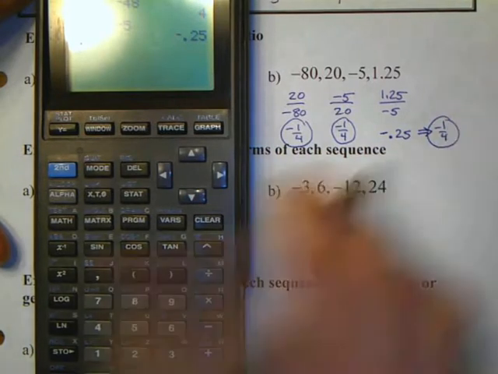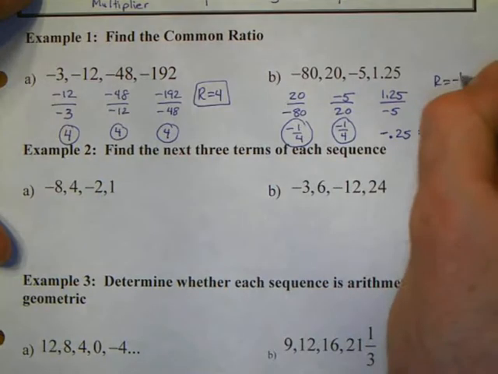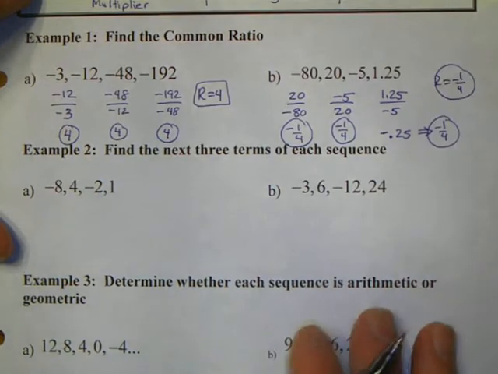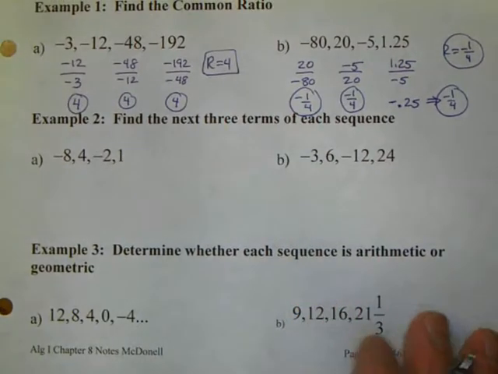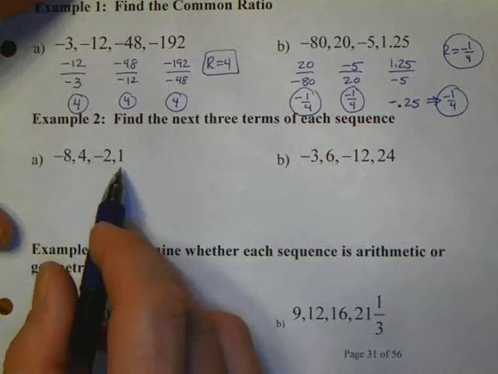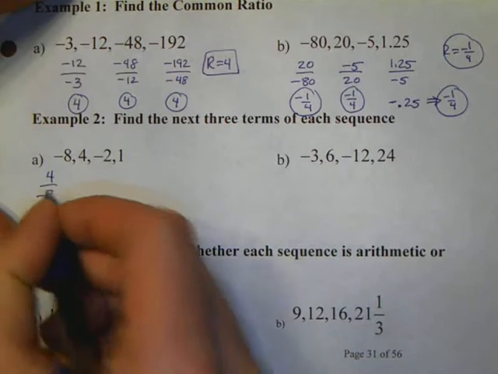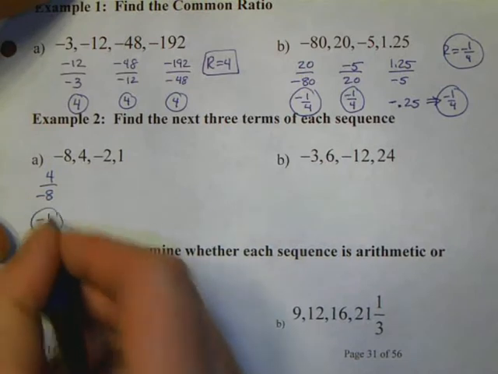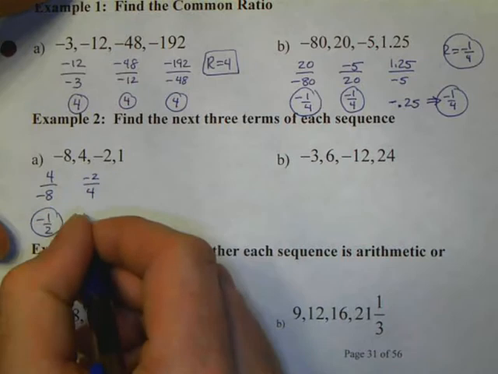Now we look at example 2, determining the next three terms of each sequence. To do that, we have to ask, is this a geometric sequence? Well, let's take a look. What's 4 divided by negative 8? That's negative 1/2, so it looks like our multiplier is negative 1/2. Does it continue? Sure enough, negative 1/2 again, and 1 over negative 2, negative 1/2.